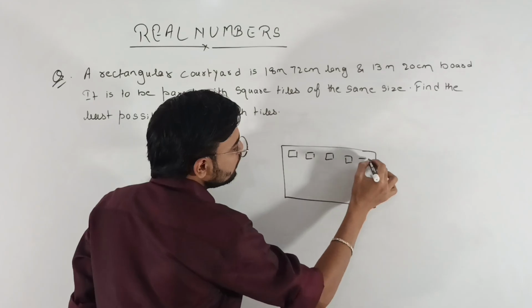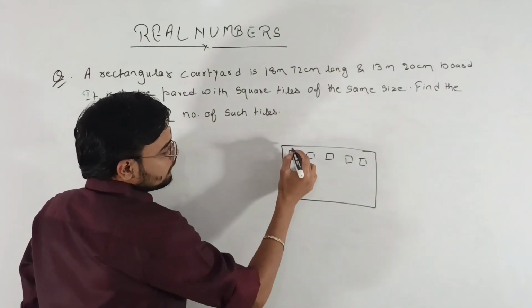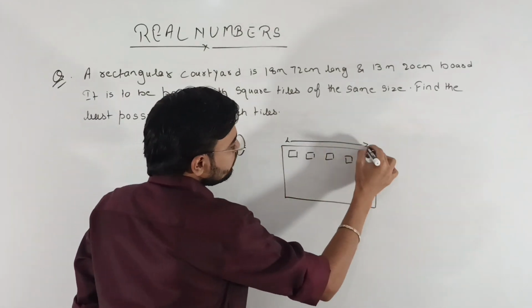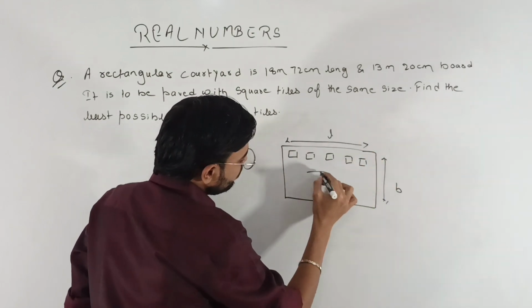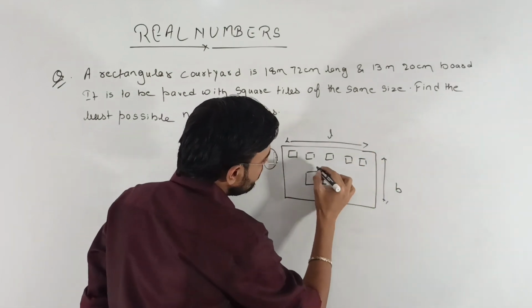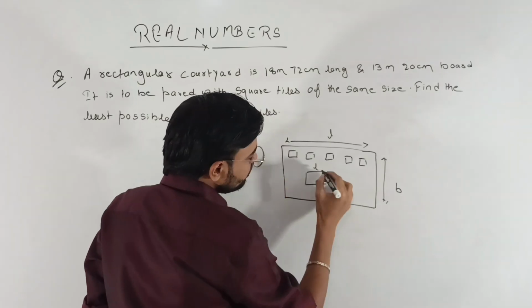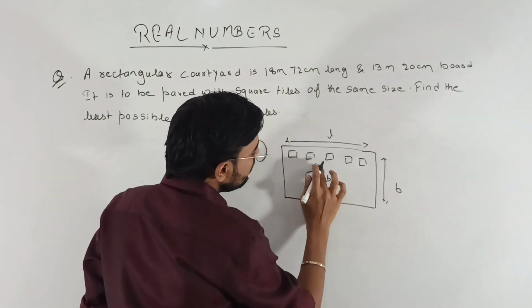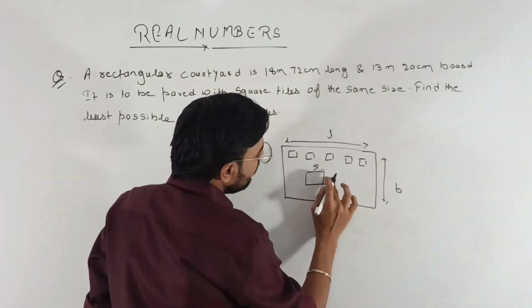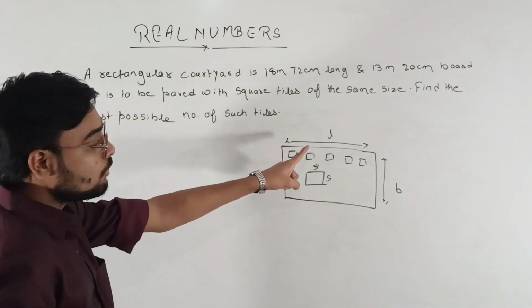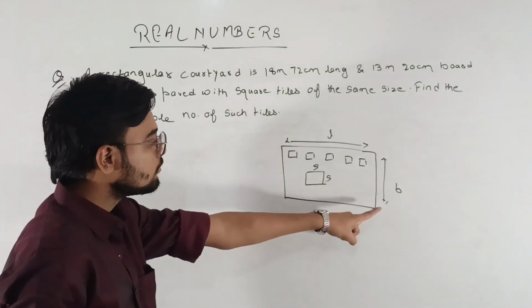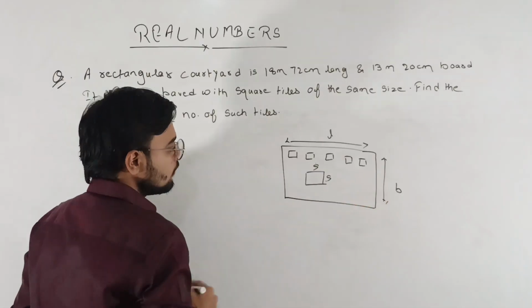Now this is the length and this is the breadth of the rectangle, and suppose this is your square tile.